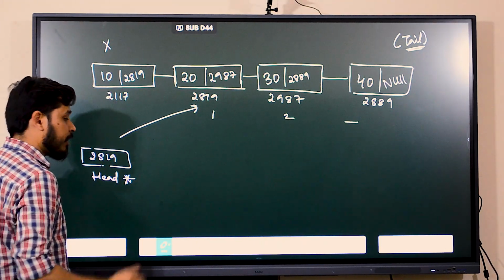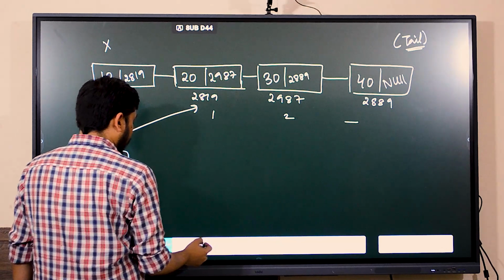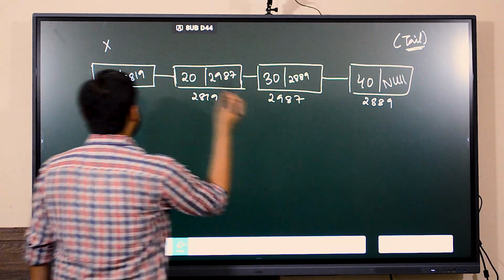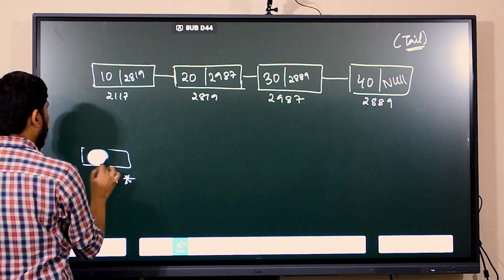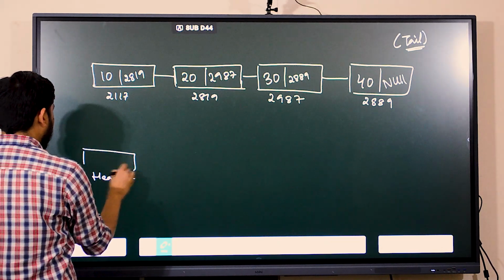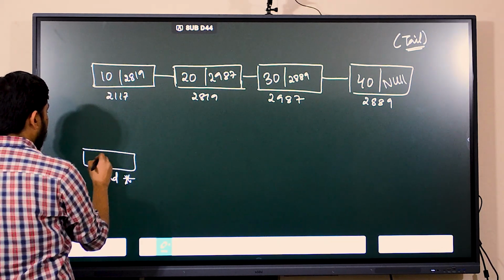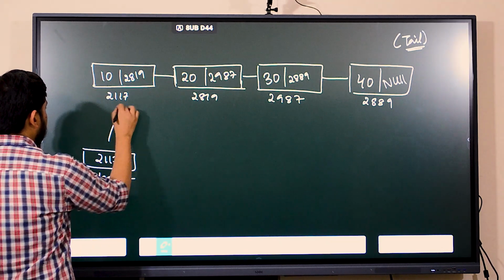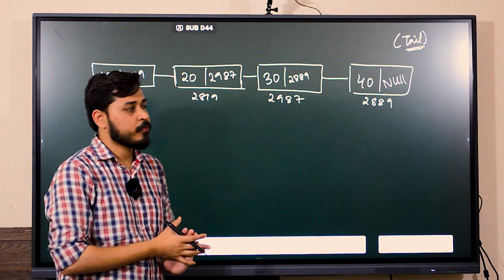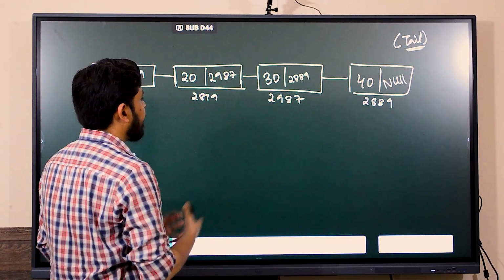So guys, it is very important for us to understand how we work with the head. Head is a pointer which points towards the first node, so the head will only store the address of the first node. Always remember this, okay? If the head is this node, head will point towards this node. This is how a linked list looks. Now let us talk about the insertion.